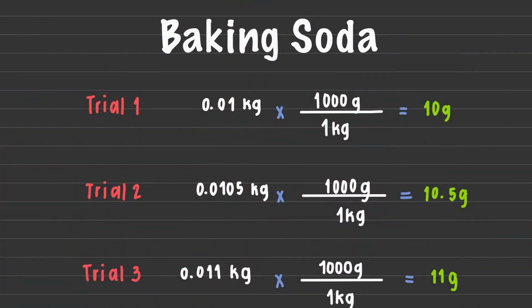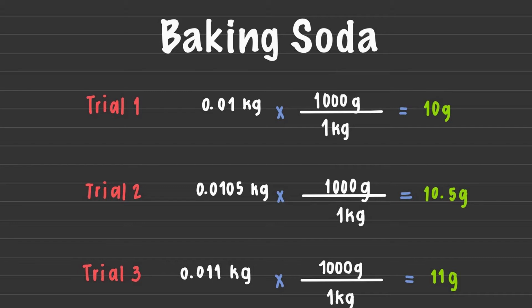Let us first convert all the kilograms to grams. Trial 1 uses 0.01 kilograms, Trial 2 uses 0.0105 kilograms, and Trial 3 uses 0.011 kilograms. Let us now multiply them to the conversion factor, which is 1000 grams over 1 kilogram.